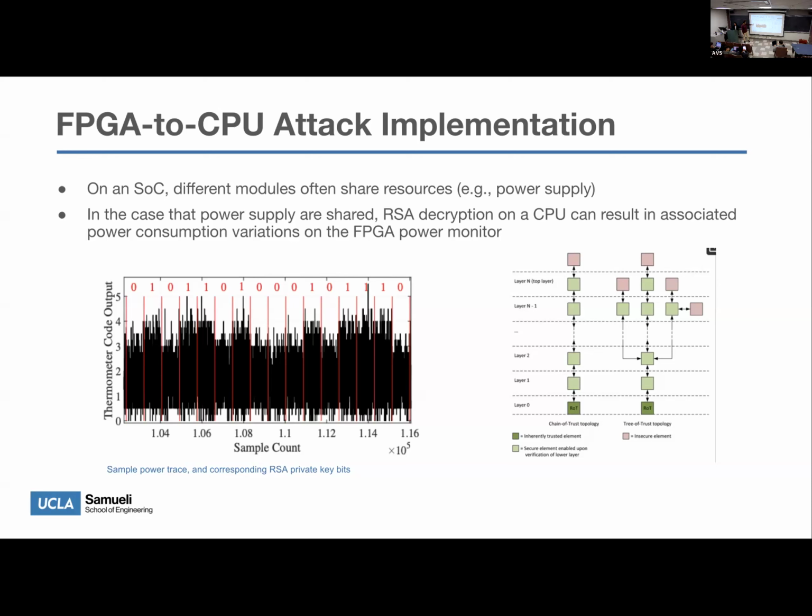And this figure here, analogous to the figure from the previous slide, showcases just that. You can see as each private key exponent bit is processed on the CPU RSA decryption module in software, how that actually affects the power monitor output from the still FPGA-based power monitoring module.